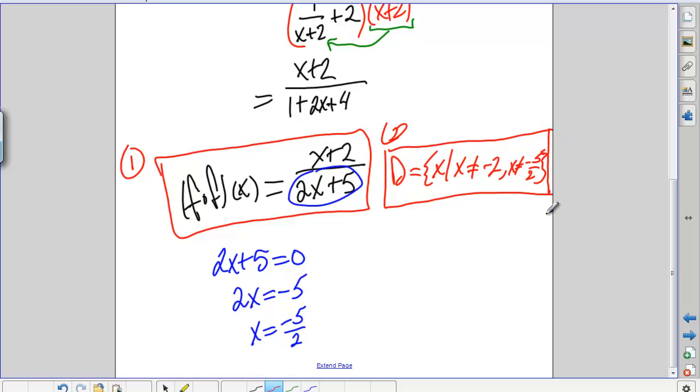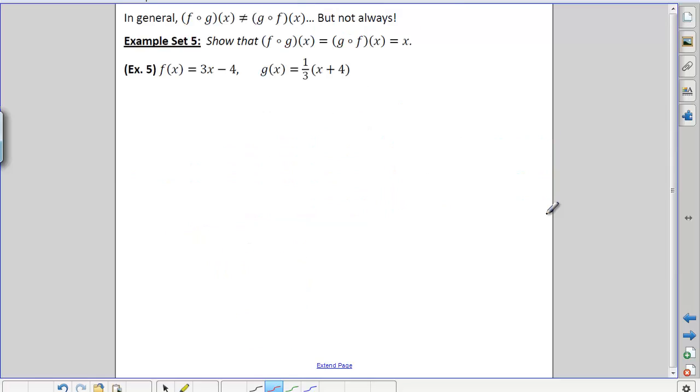Alrighty, that's that. Now earlier when we talked about these composite functions at the beginning of the section, I think I mentioned at some point that typically f of g and g of f are not the same. Okay, but that's not always the case. Sometimes they are.